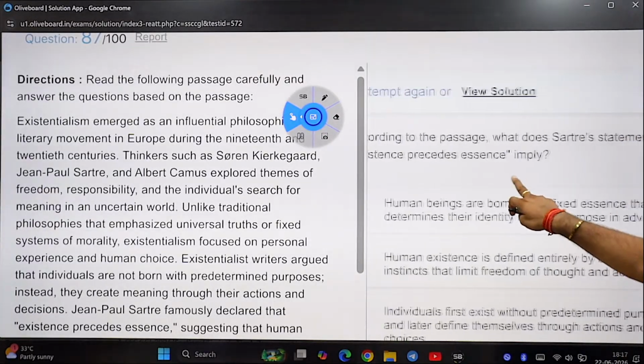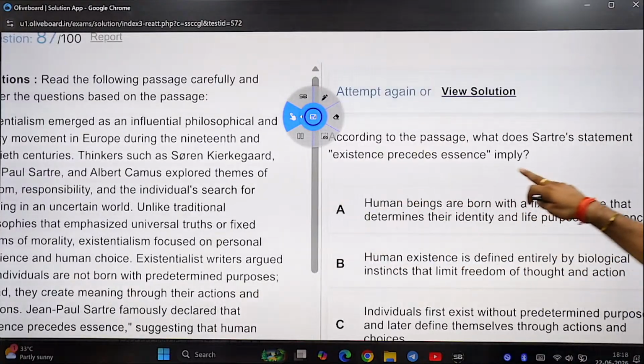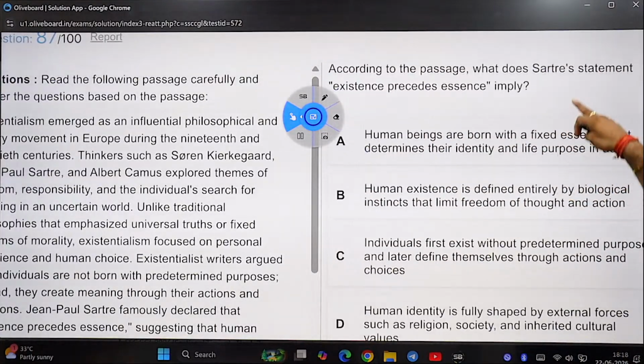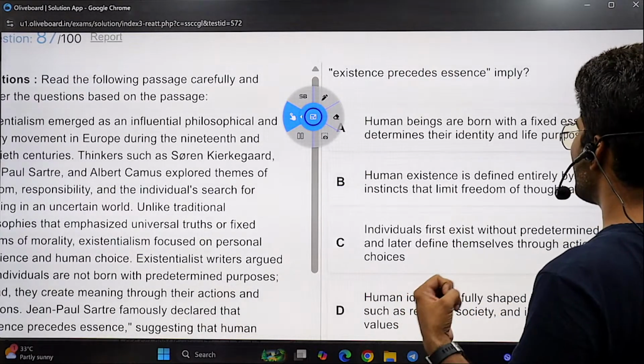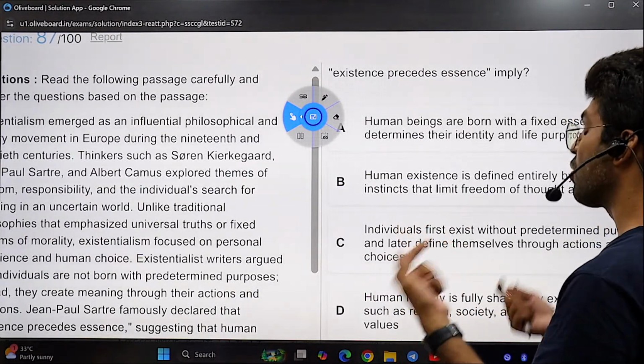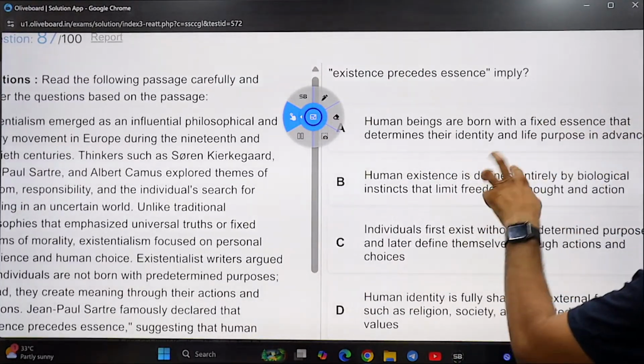What does the statement "existence precedes essence" imply? Done. Human beings are born with a fixed essence that determines... no. We come first, we define ourselves then. No, it doesn't define our identity.